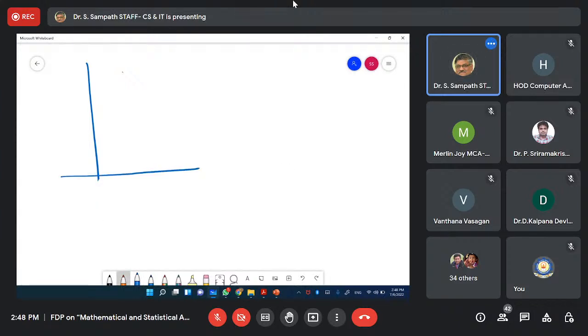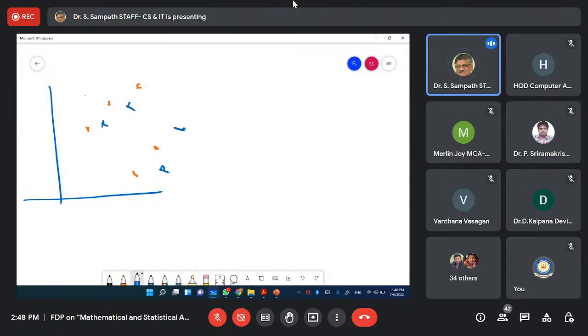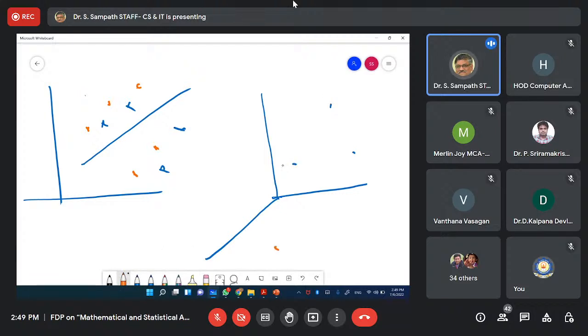I have some red points here and some blue points there. Total confusion is there. The points are not separated because I cannot create a separating hyperplane. What I am saying is, you can think of a three-dimensional or a four-dimensional space where every point in the two-dimensional space can be projected into the higher dimensional space. When we project like that, some points will go there, some blue points will come here in the projected higher dimensional space, and some of them will come here.